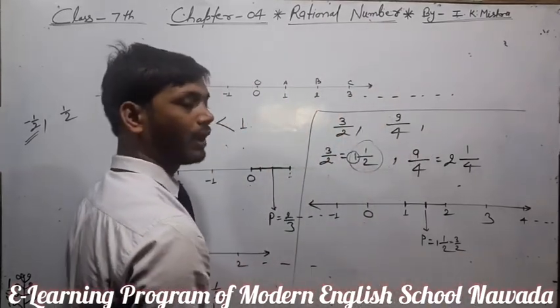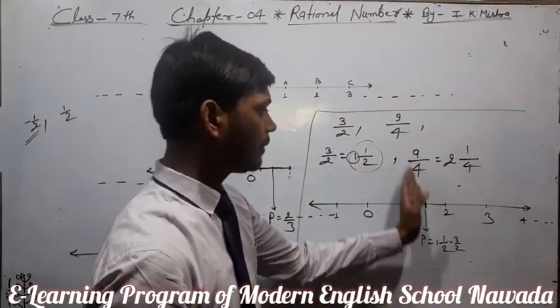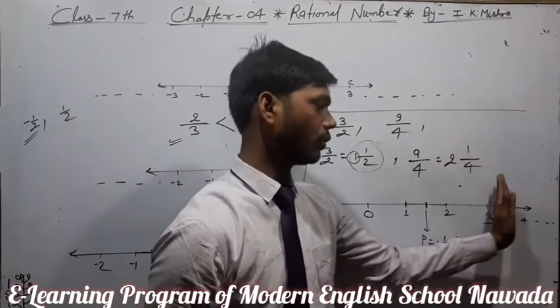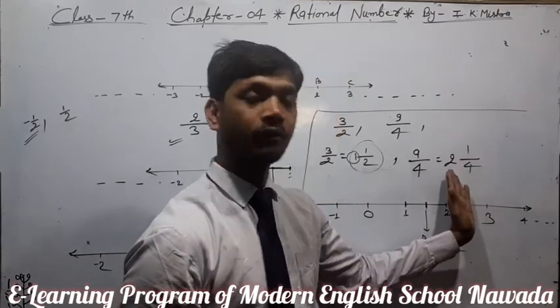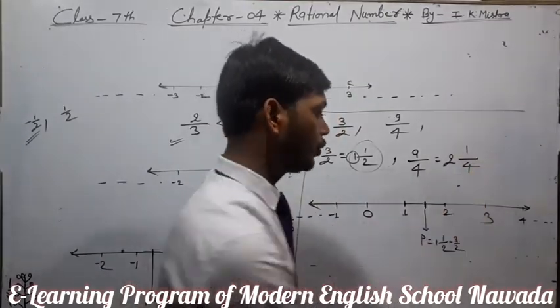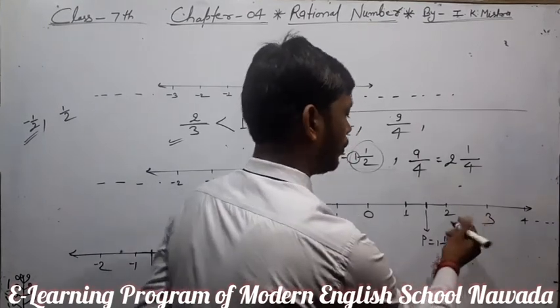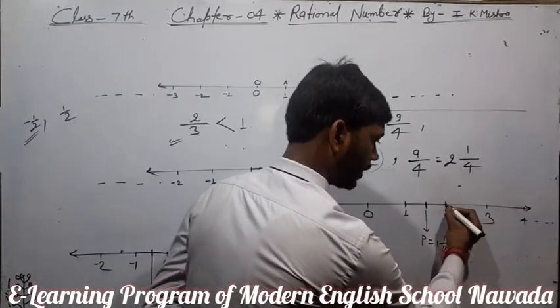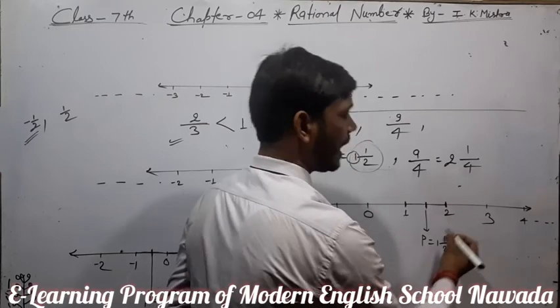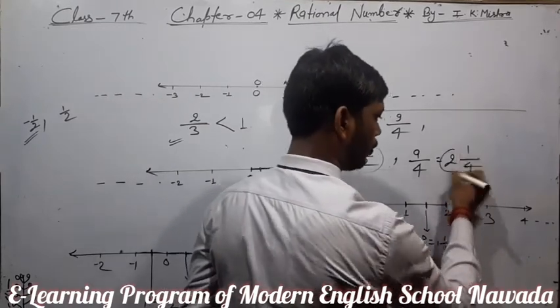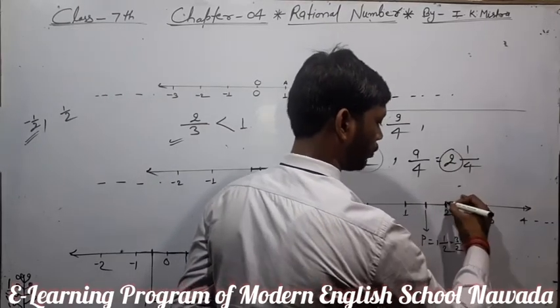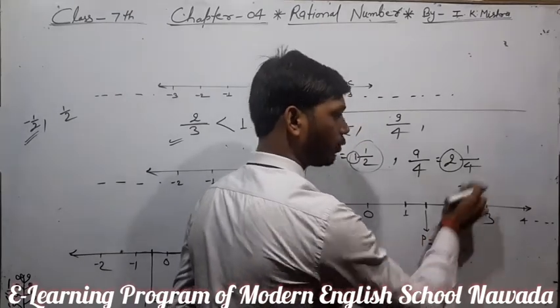After that, we have to represent 9 by 4, that means 2 whole 1 by 4. That means this point lies between 2 and 3. So up to 2 the distance is clear, and after that 1 by 4.